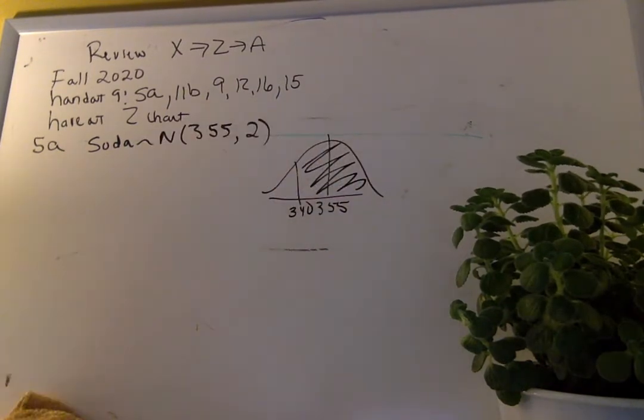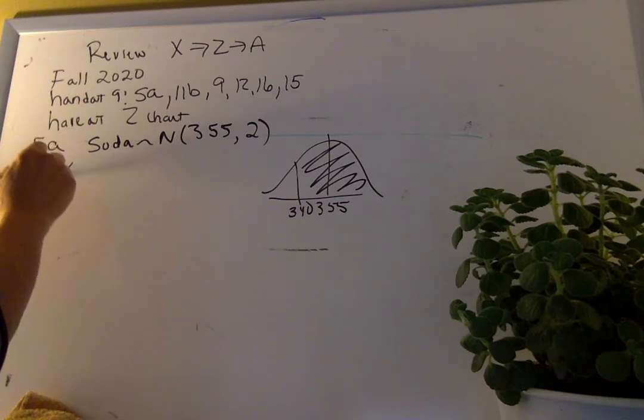We want greater than. So my picture reminds me, and if you draw the picture and actually use your picture to check your work in about 2 minutes, this picture is going to catch a lot of wrong answers that I see on a problem like this on test 2. Because I know my picture is telling me my final answer better be greater than 50%.